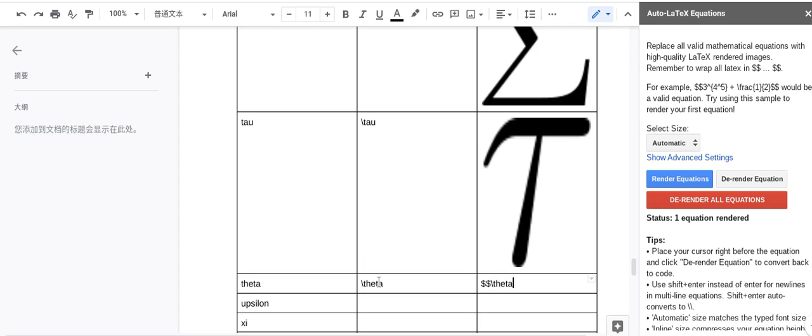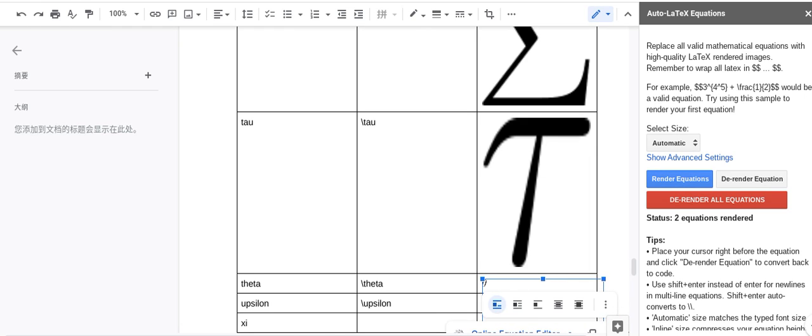Theta, basically you do like this. Dollar sign left, dollar sign right, and theta inside them. Epsilon is the same thing. Basically, you add the dollar sign before and after it. So theta becomes something like this, and epsilon becomes something like that.